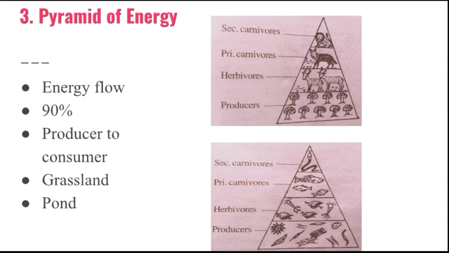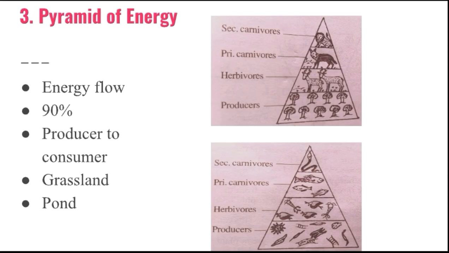Again, fishes consume 0.1% energy, and lastly the snake consumes 0.01% energy. It means the amount of energy decreases toward the top consumer level. That is the pyramid of energy.